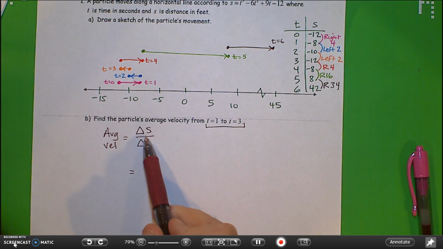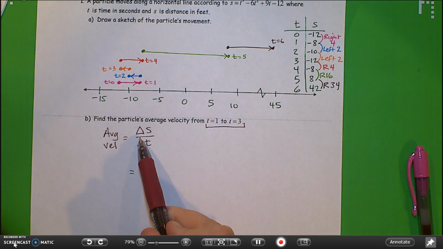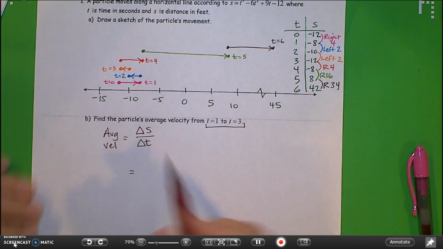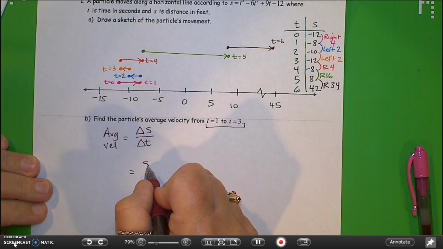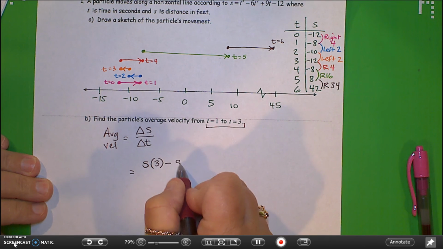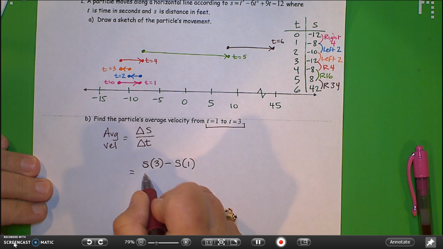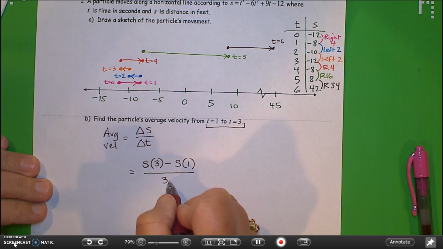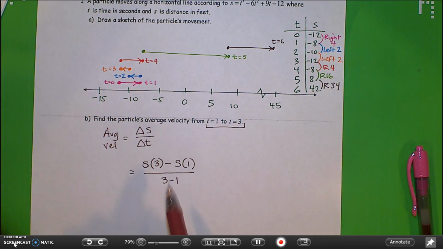So if I use my position function for the change in position, I would evaluate the position at time equals 3 minus the position at time equals 1, all over the time difference from 3 to 1. So this is just like our slope formula.